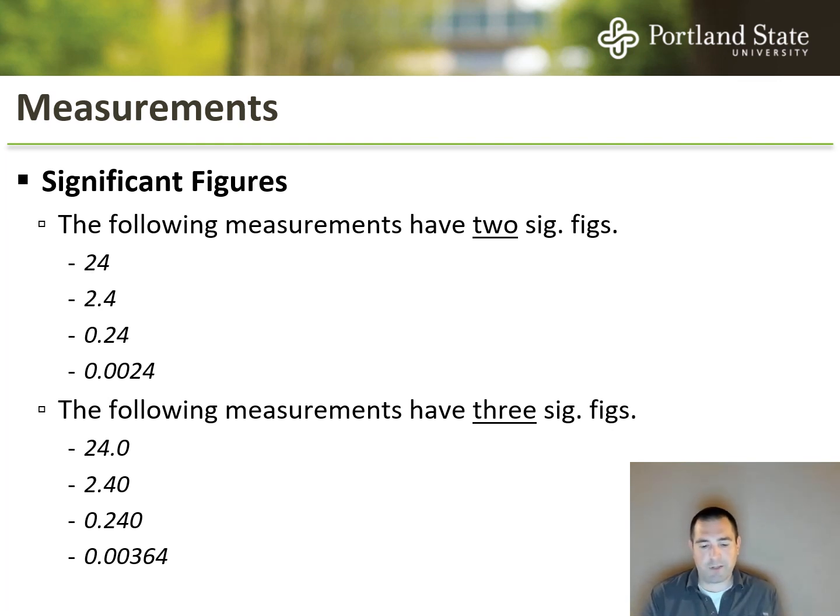So all of these examples at the top have two significant figures. These zeros right here are not significant. This zero right here is not significant. On the bottom, all of these measurements have three significant figures. A zero to the right of the decimal point at the end of the number is going to count as well. Here we just have three significant figures.